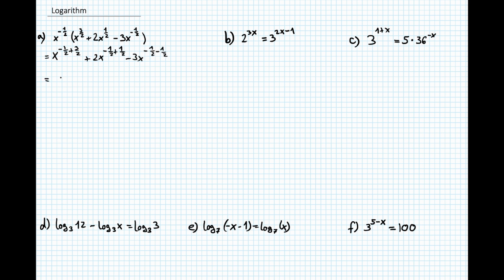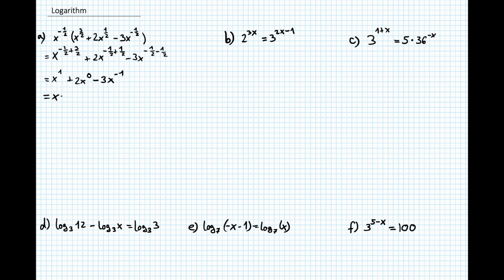Alright, we can simplify this. The first one will be x to the power of 1 plus 2x to the power of negative 1/2 plus 1/2 is 0, and then minus 3x to the power of negative 1. Anything to the power of 0 is always 1, so 2 times 1 will be 2. x to the power of 1 is just x.